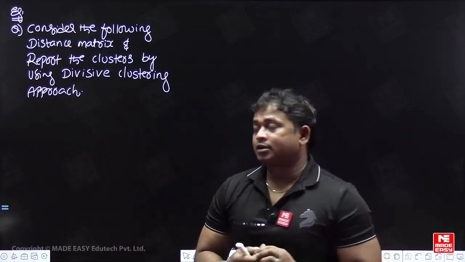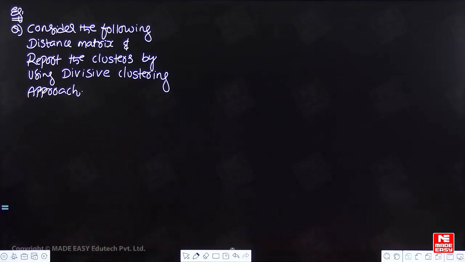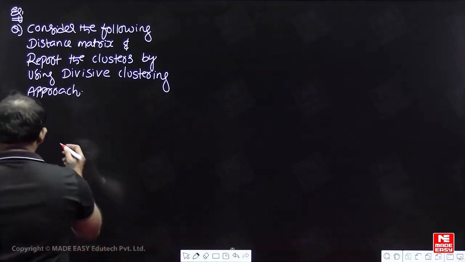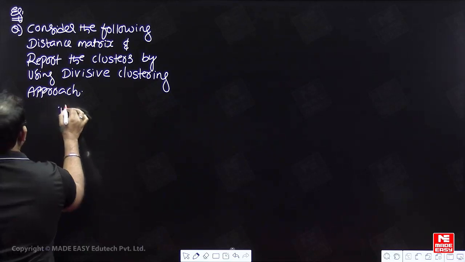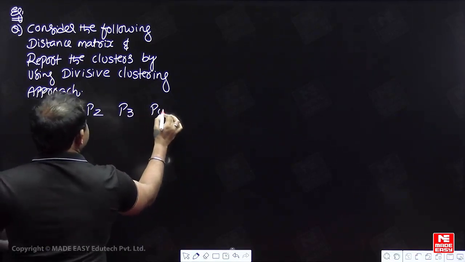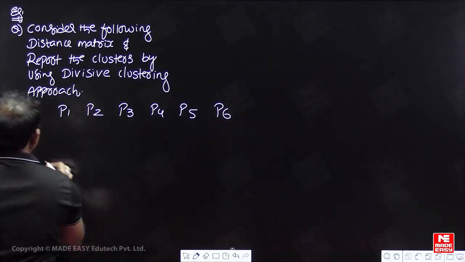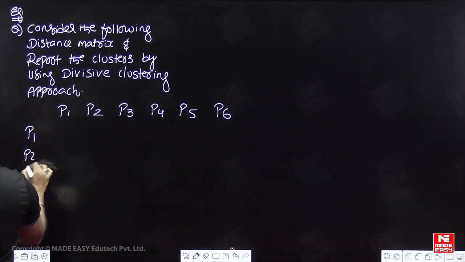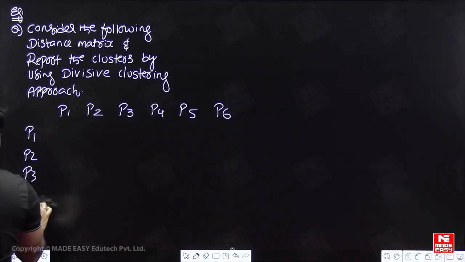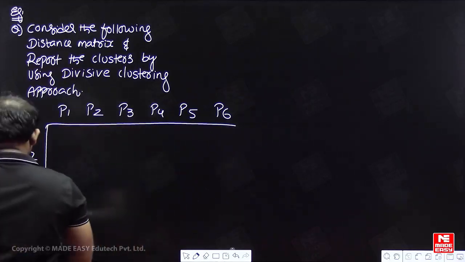Okay students, alright. So now this is the input data set given, the input distance matrix P1, P2, P3, P4, P5, P6, 6 data points given. Okay, P1 to P6, right?